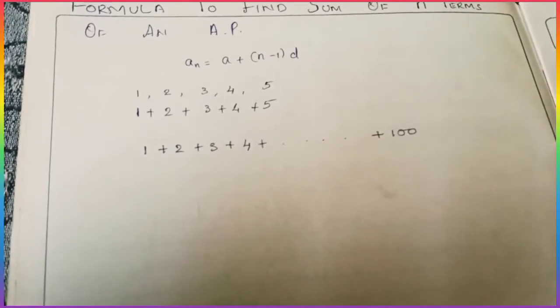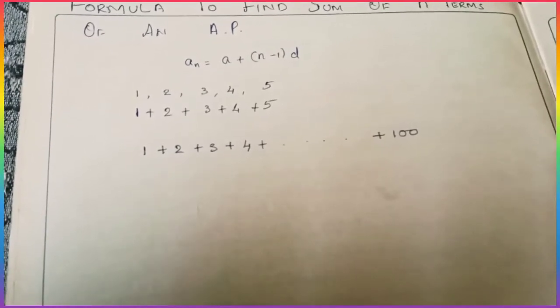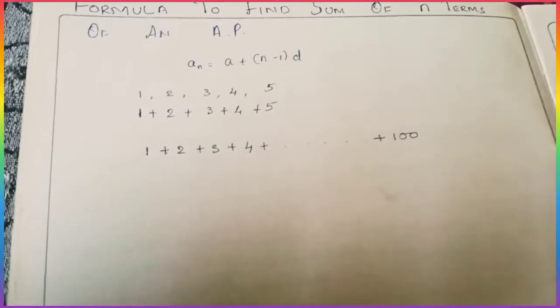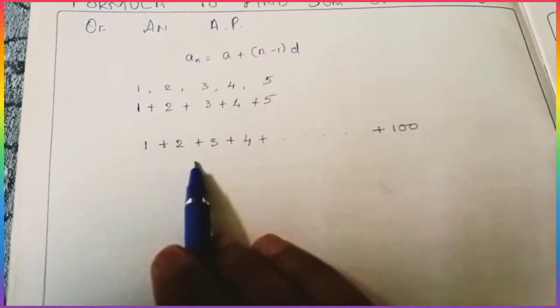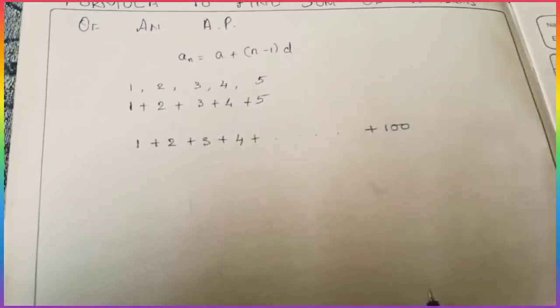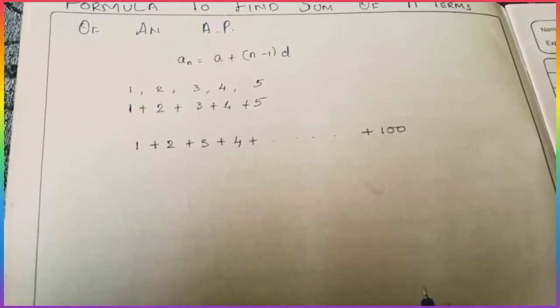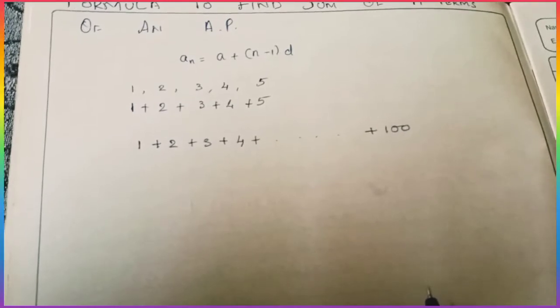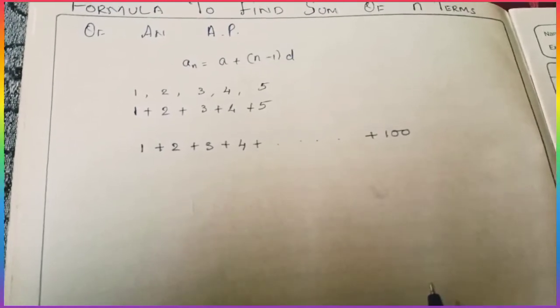All the students were thinking they would need a lot of time because they had to add 1 plus 2, then plus 3, then plus 4, then plus 5, like that up to 100. It takes a lot of time to get the answer. The teacher also thought the students would require at least 5 to 10 minutes to complete the problem.